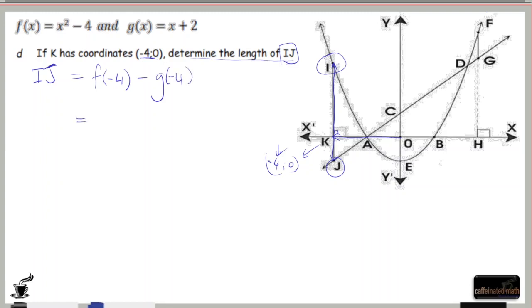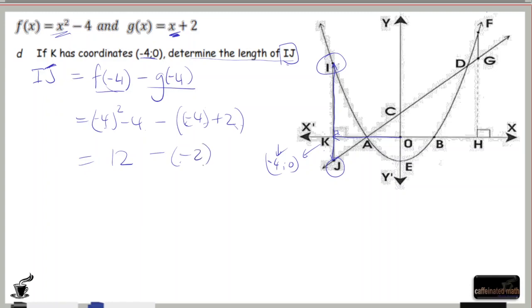So that's quite interesting and easy to calculate. So I sub minus 4 into there, so I get minus 4 all squared minus 4, and I can subtract minus 4 plus 2. That takes care of g of x, because I had substituted negative 4 in there as well. And then this becomes, well, you can do it with a calculator if you choose. 16 minus 4 gives us 12 minus 4 plus 2.